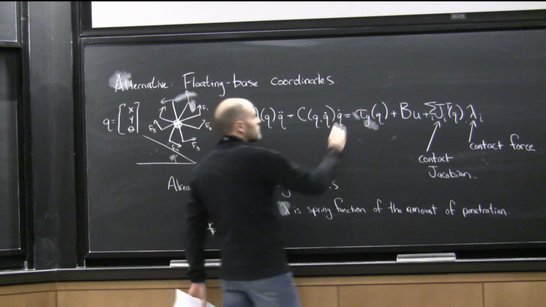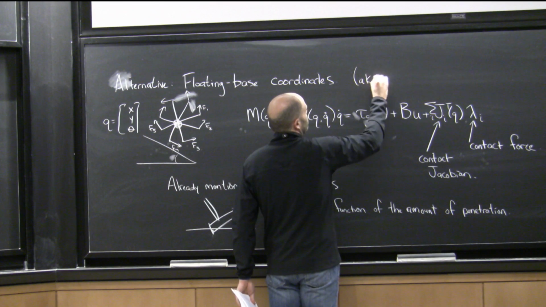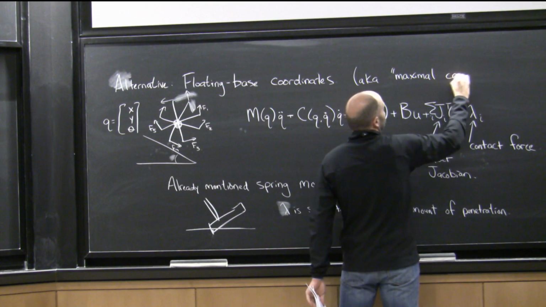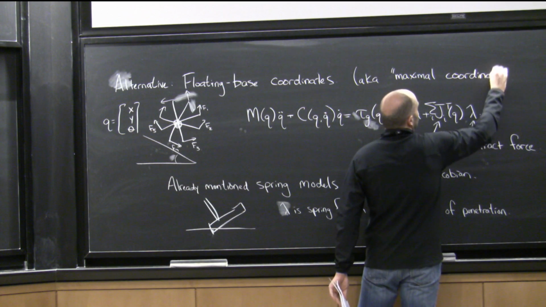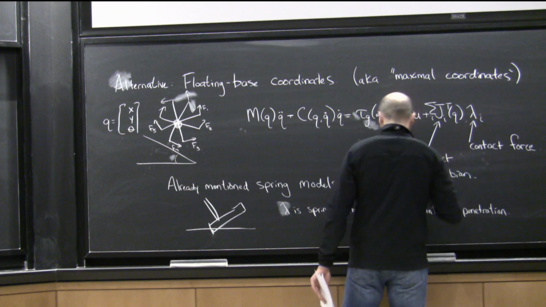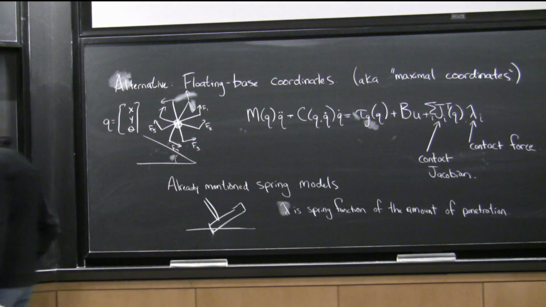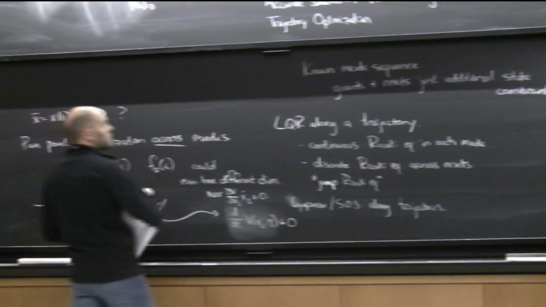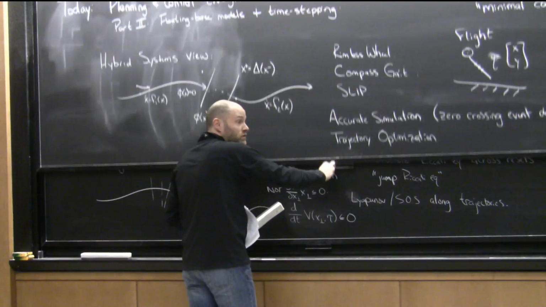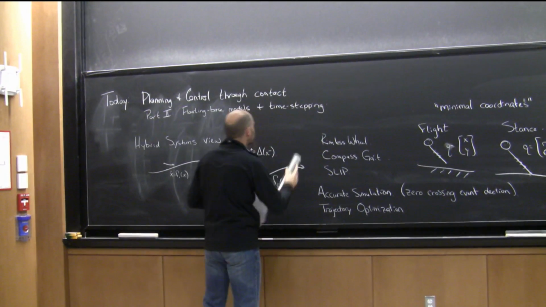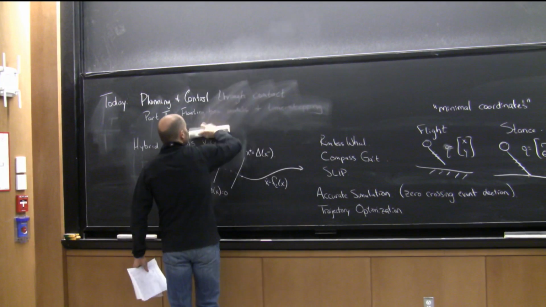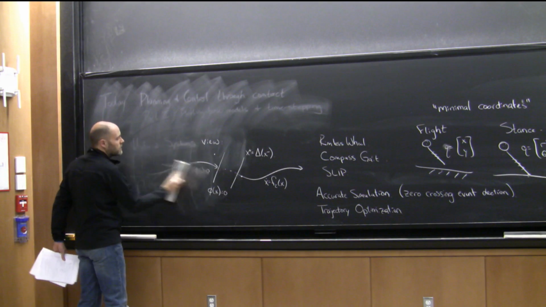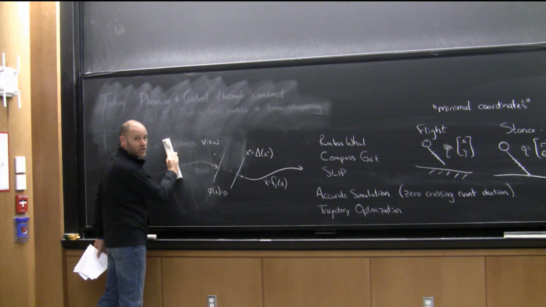Okay, so this is something that people really do using these spring models. But most of the people that do that do it for simulation, not so much for optimization and control design.